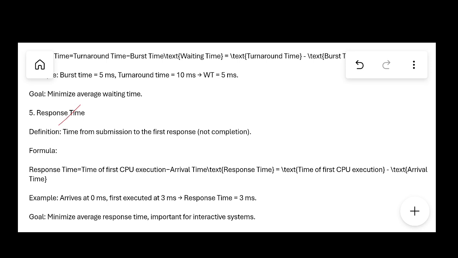Not completion, just the first response. In systems where humans interact with the CPU, like typing or gaming, low response time is critical. So a system may have high throughput but feel slow if response time is high.